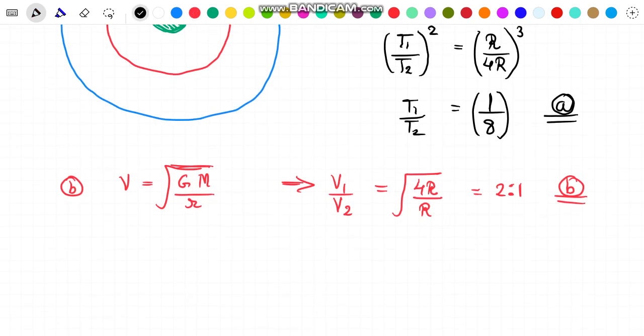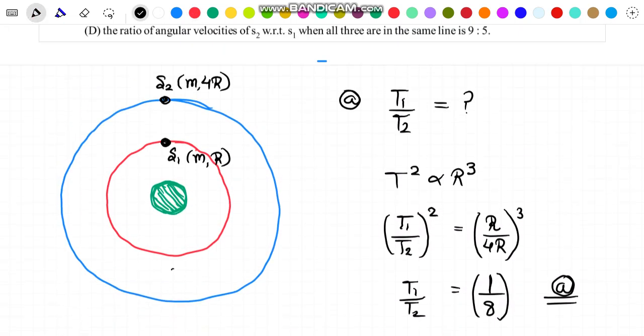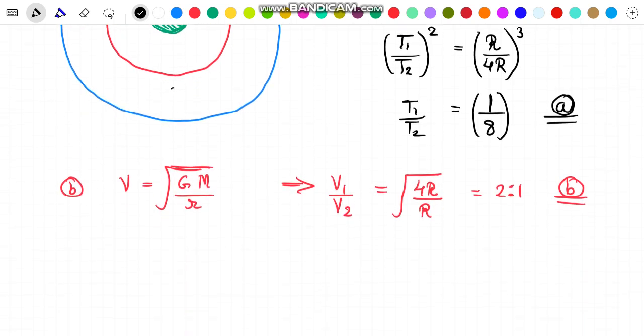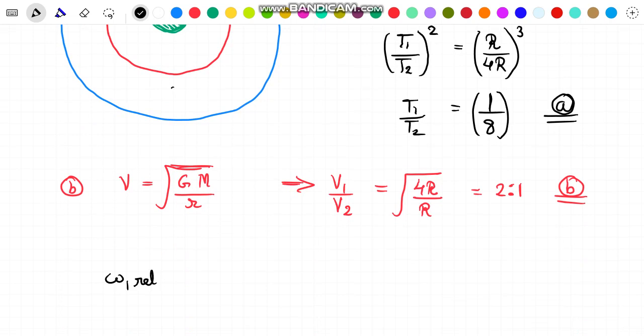Now let us find the value of omega 1 when both these satellites are at these particular positions. I am referring to their velocities as v1 and v2. So now the relative angular velocity of satellite S2 with respect to S1 will be omega 1 relative equal to v relative upon r relative, and this v relative will be equal to v2 minus v1.